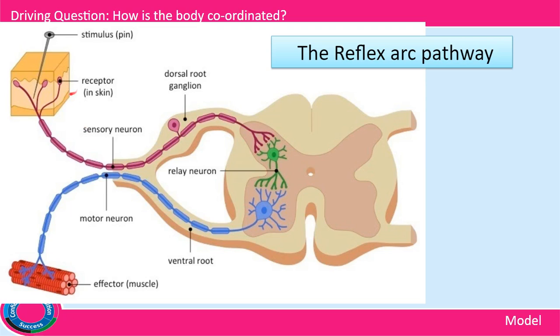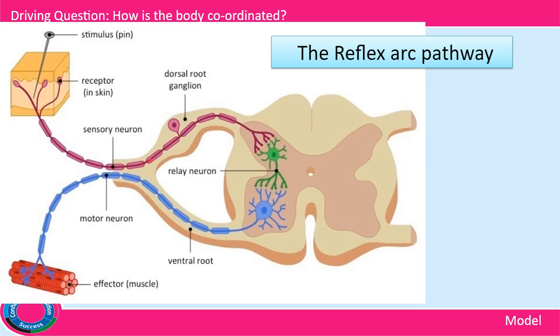The receptors in the skin detect, wait a minute, there is an increase in temperature, and electrical impulses will be transmitted from the skin via the sensory neuron, as we can see here in the purple color.